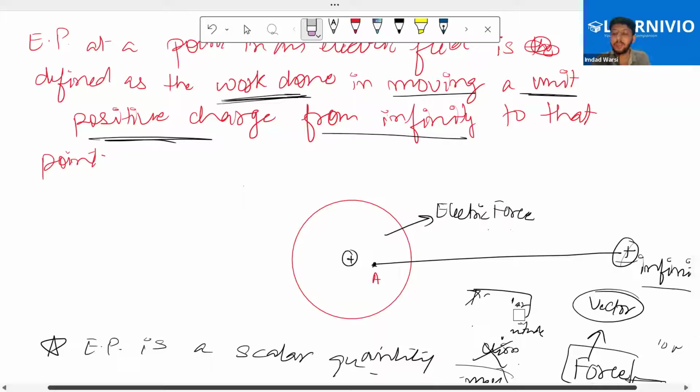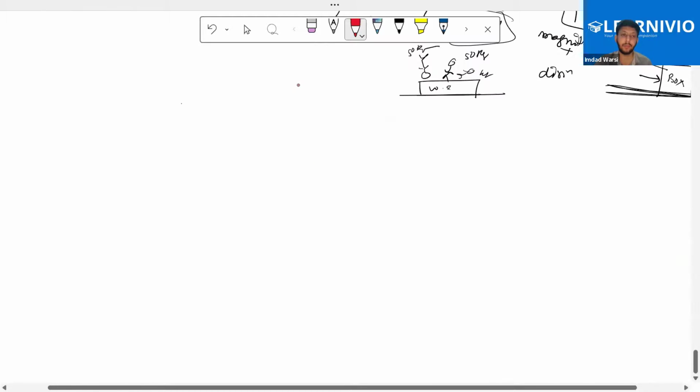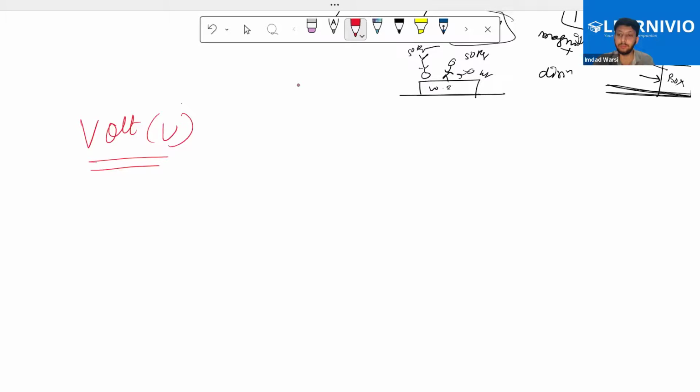The SI unit of electric potential is volt, denoted by V. SI unit of charge?